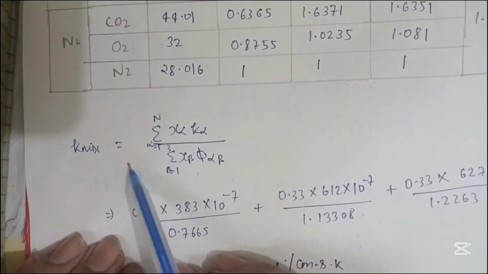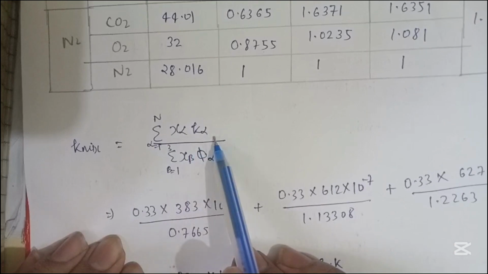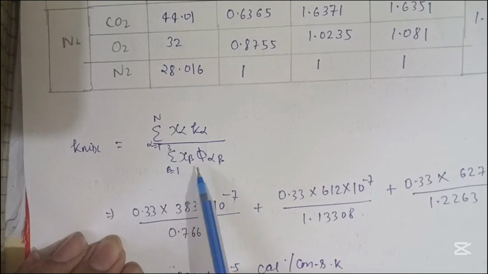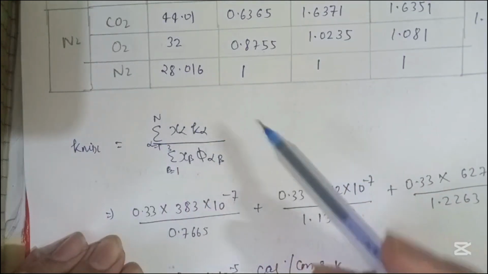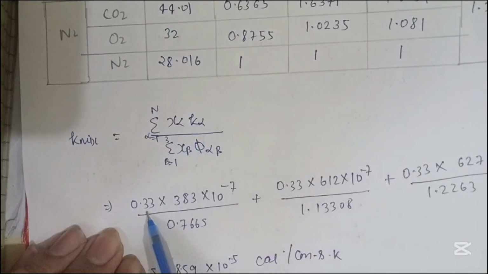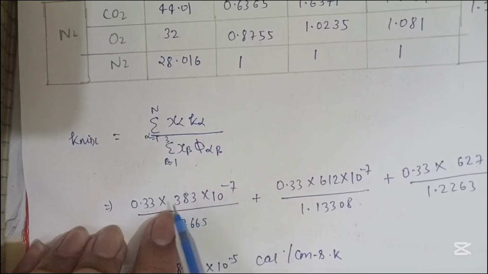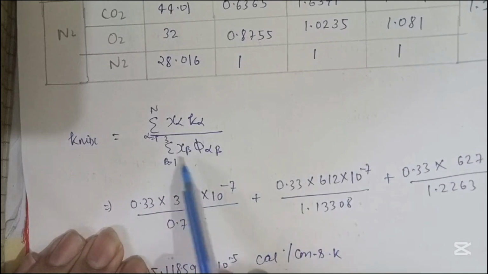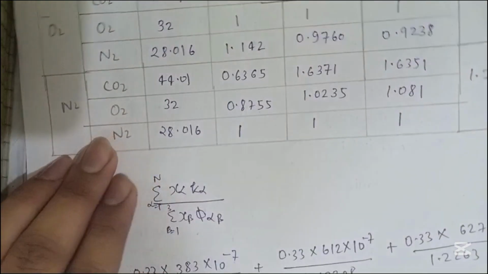The formula is K mixture equal to the sum from alpha equal to 1 to n of x alpha into k alpha upon sigma beta equal to 1 to 3 x beta into phi alpha beta. Now we will put all the values into this. The x alpha for CO2 is 0.33. The k alpha is given as 383 into 10 to the power minus 7, and the sigma value we have calculated here, so we will put it into this.